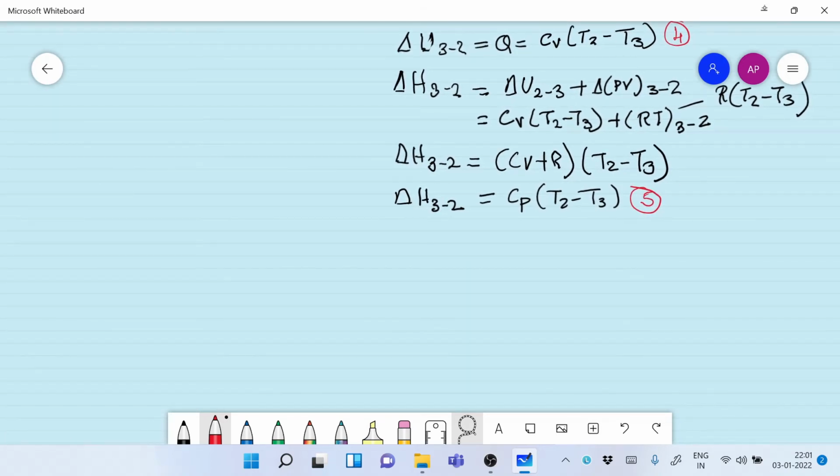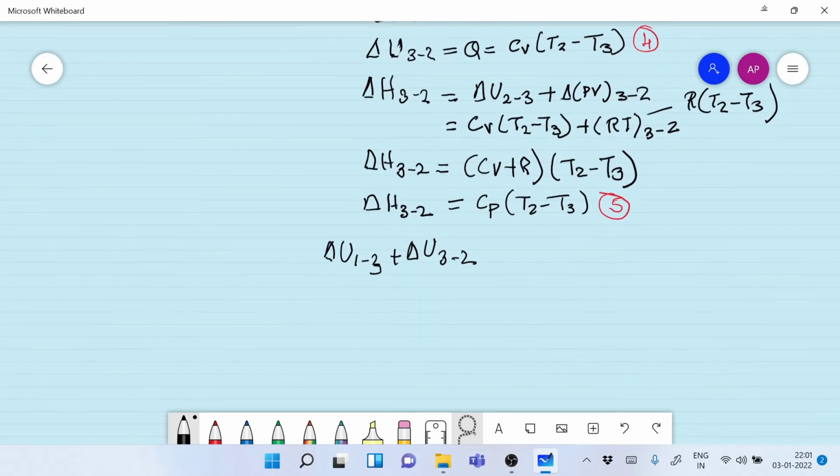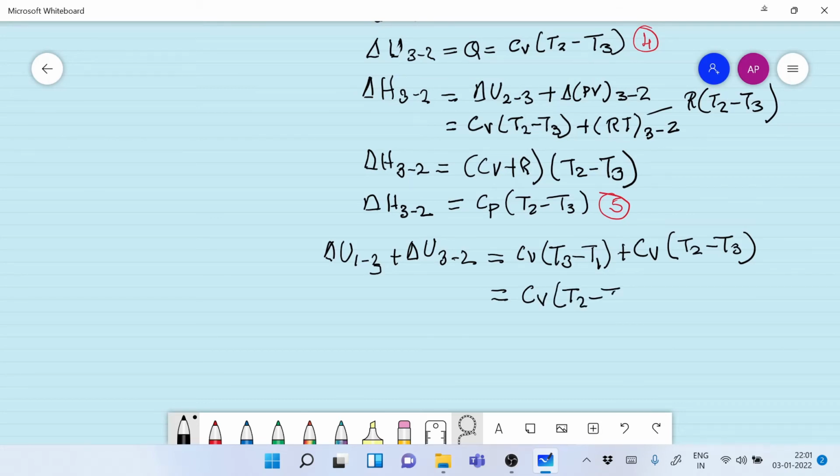Now, if we add delta U 1 to 3 to delta U 3 to 2, we get Cv (T3 minus T1) plus Cv (T2 minus T3), which is equal to Cv (T2 minus T1).